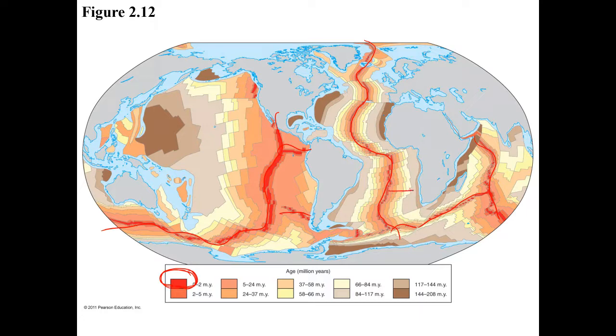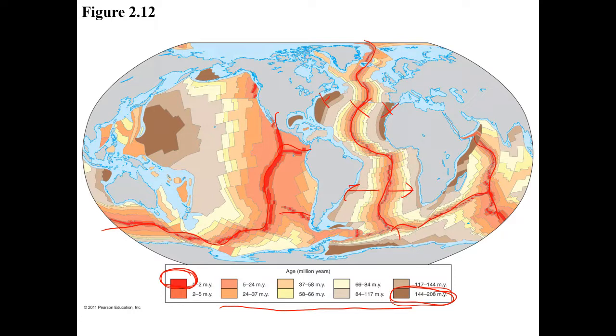And as you move away from the mid-ocean ridge system, the ocean gets older, with the oldest being in Pangaea's time. So the ocean is oldest at the edges, youngest in the center. Why? Because that's birth. That's the new portion and the new creation of basalt.